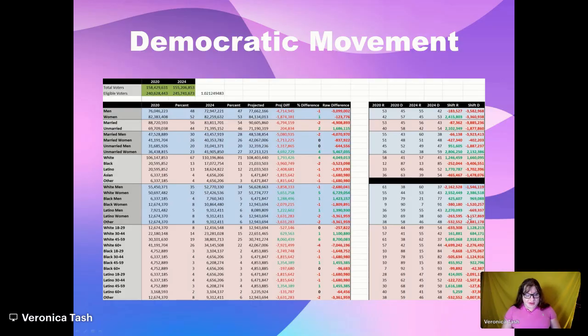Of course, you see when it comes to others, I had no data for just other on ethnicity, but when you break it down by men and women, they did have an other column that was available, and you do see a lot of people with other stuff coming out.